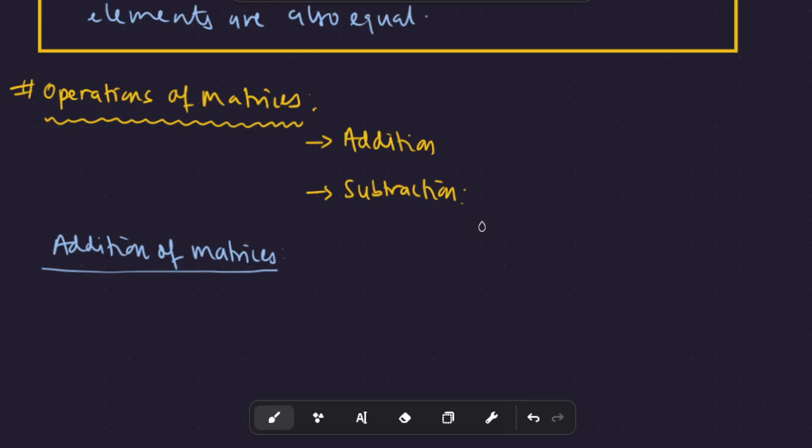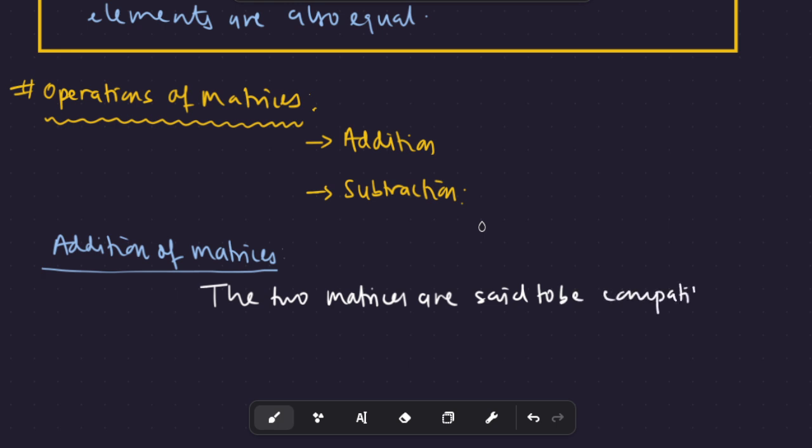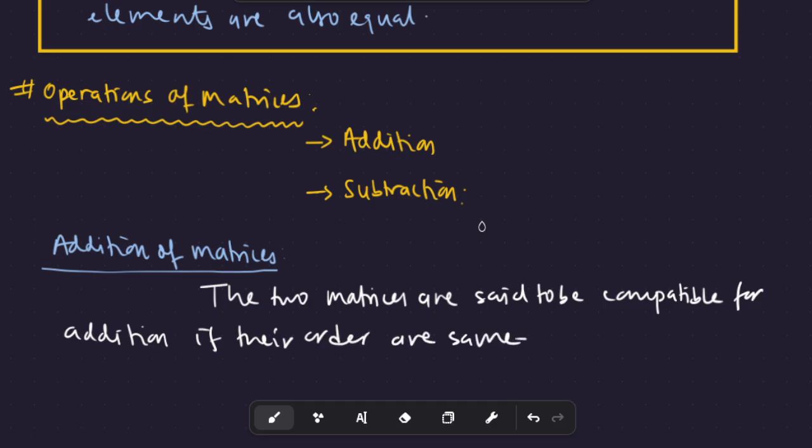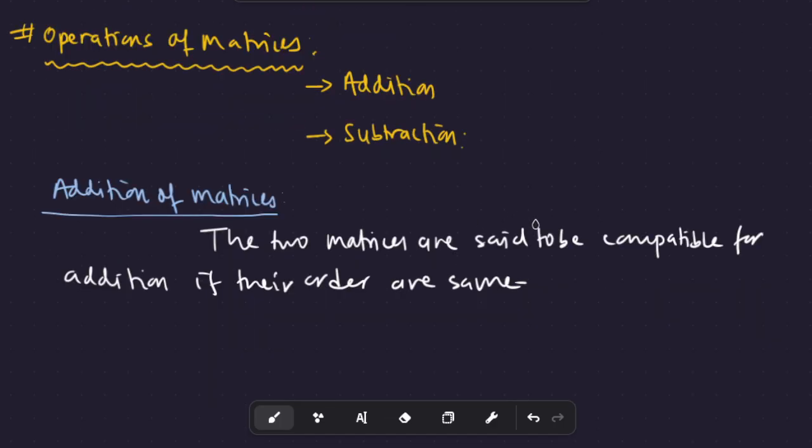Two matrices are said to be compatible for addition if their orders are the same. If the order of two matrices is equal, then only the addition of these two matrices can be done.